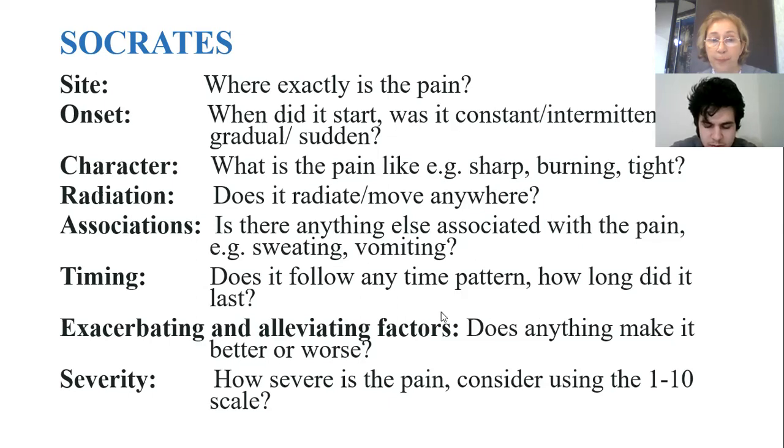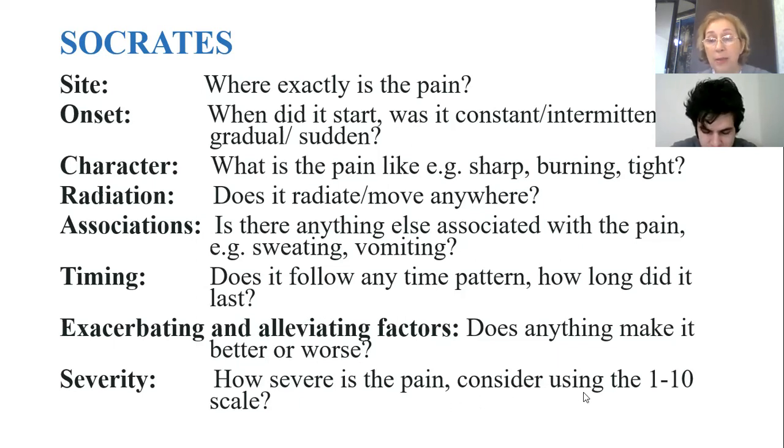About timing, does it follow any pattern? How long did it last? So it's clear. About exacerbating and alleviating factors: does anything make it better or worse? And about severity, how severe is the pain?